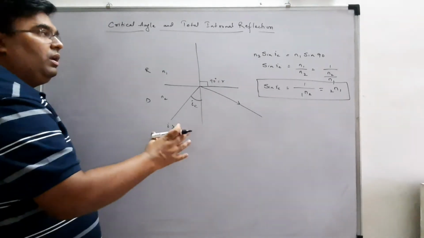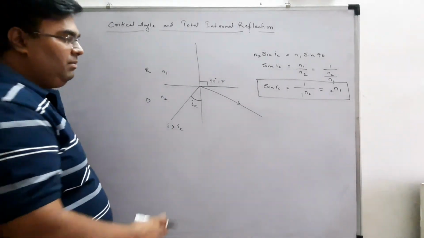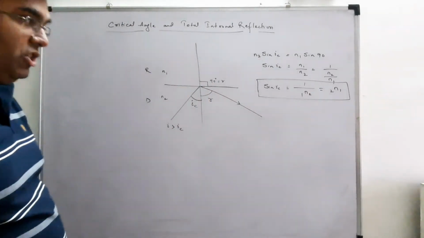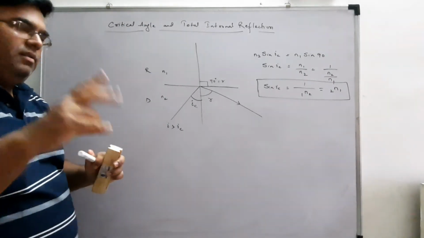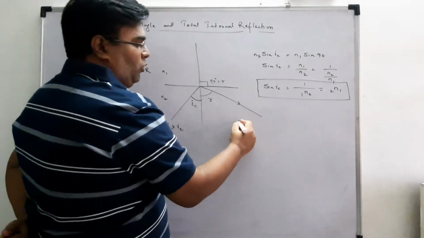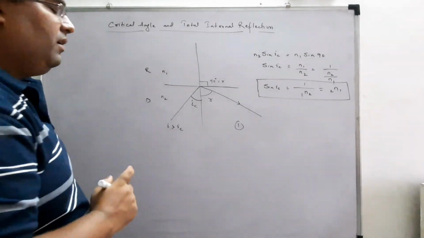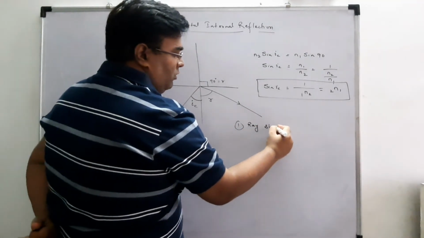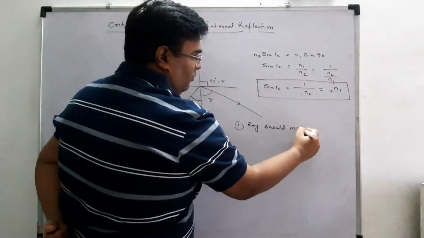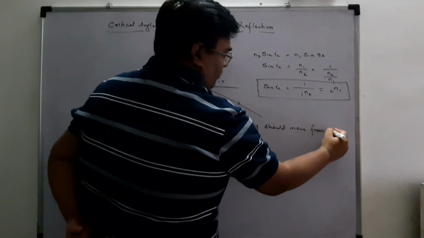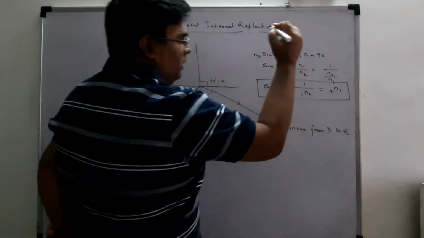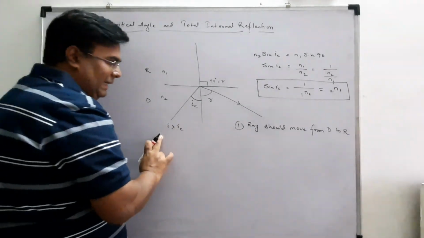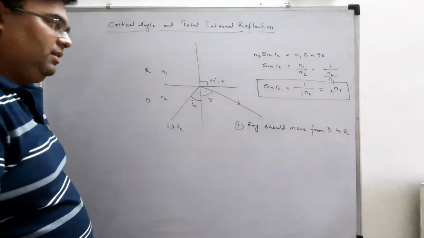This is a very important phenomenon, and this time it will follow the law of reflection. So two criteria are there for total internal reflection. First, the ray should move from denser to rarer, meaning the ray should be moving from the denser to the rarer side, right?